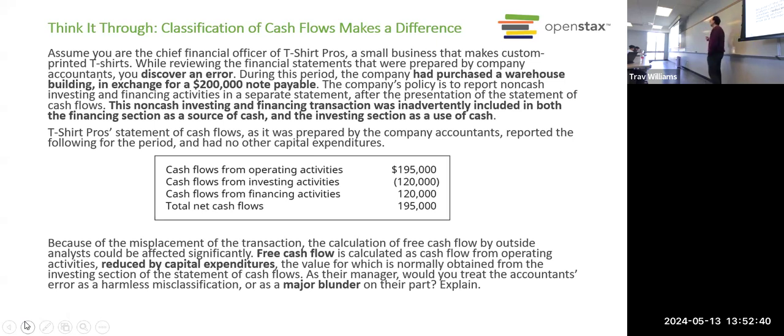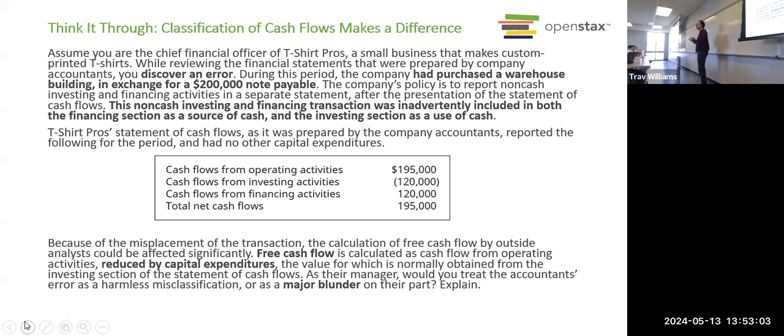In fact, let's think about what our free cash flow would be if we went with these incorrect numbers. We would say, okay, we had $195,000 cash from our operating activities. Then we would subtract any cash for capital expenditures.